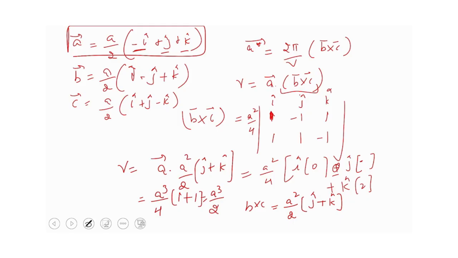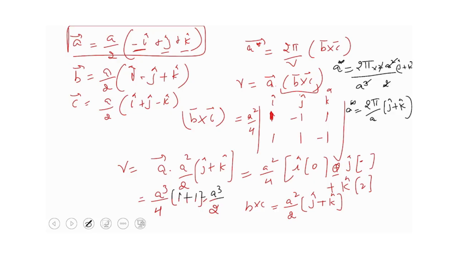Writing the expression of A star, which is 2 pi by V, that we have calculated to be a cube by 2, and B cross C we have calculated to be a square by 2 (j cap plus k cap). So A star will come out to be 2 pi by a (j cap plus k cap).